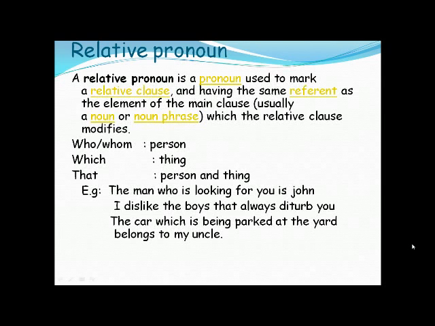Who or whom is for person, which is for thing, and that is common for person and thing. For example, the man who is looking for you is John. I dislike the boys who always disturb you. The car which is being parked at the yard belongs to my uncle.